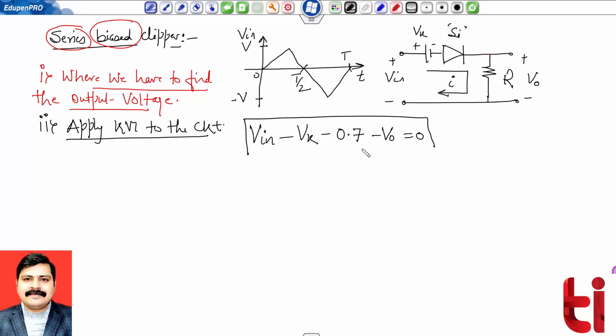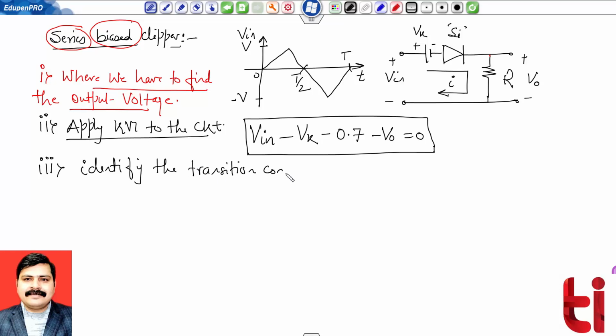Now from this relation, make a judgment for the transition. Now the third case, identify the transition condition. So what is the meaning of transition condition? It means first we have to check what is the condition that makes my diode on. So it is clear the very first thing is Vin.